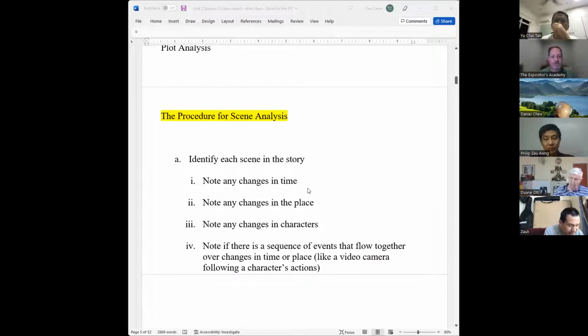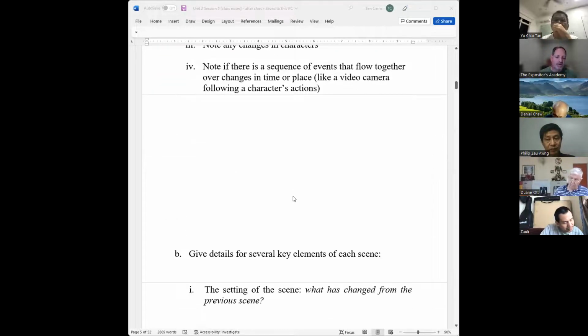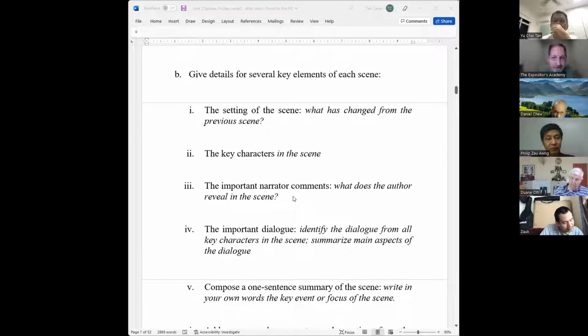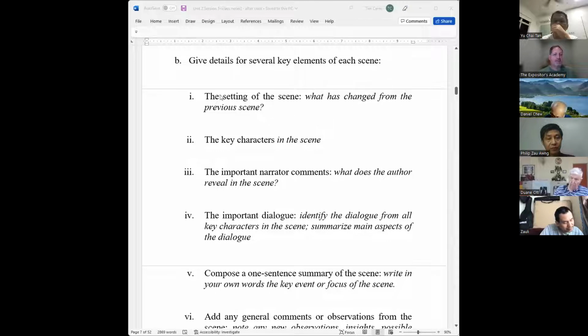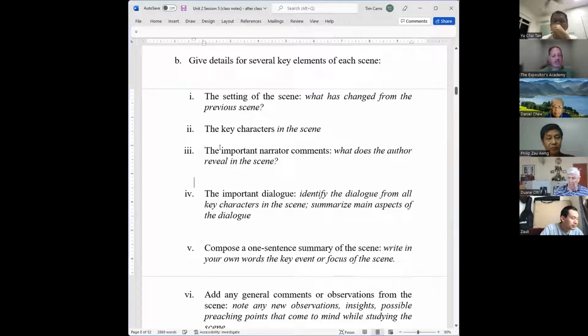The procedure for scene analysis was to first identify each scene in the story, looking for those changes in time or place, sometimes the characters. And then the next step, after you identify each scene, is to look for these key elements within each scene. So we have the setting, we have who are the key characters in the scene.